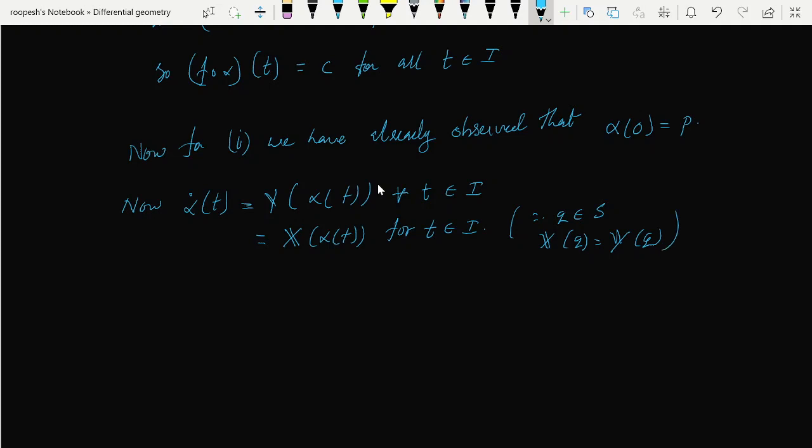Both are the same, we have already seen this. Thus condition 2 is satisfied.